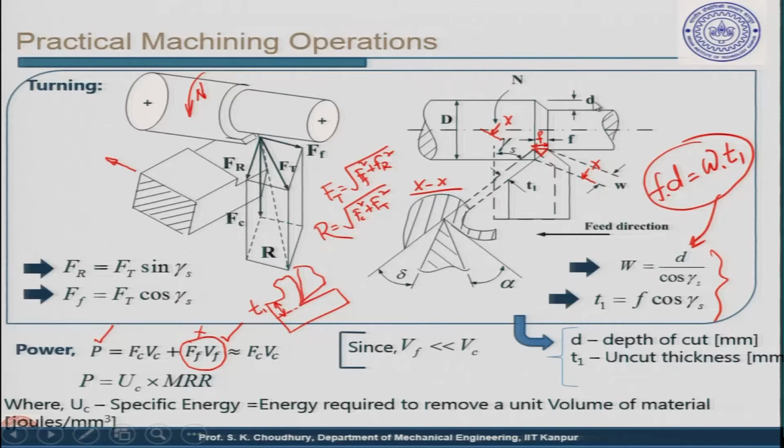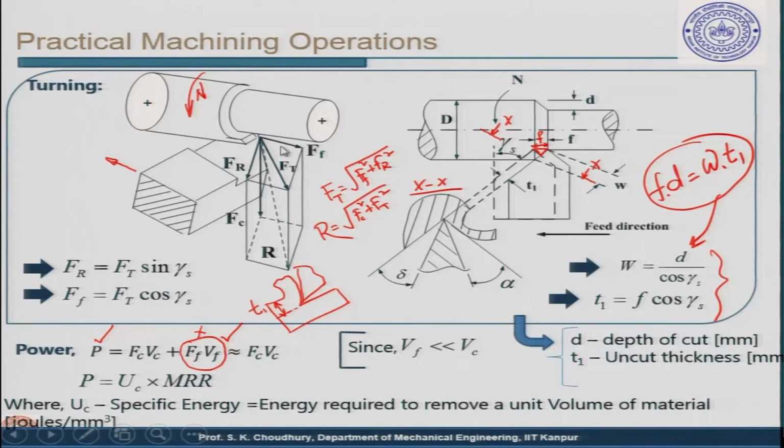The physical parameters were related like this: the width of cut is depth of cut divided by cos of gamma s, the side cutting edge angle, and T1 is related to the feed as the feed into the cos of the side cutting edge angle. In the force relationships, Ft is the thrust force.